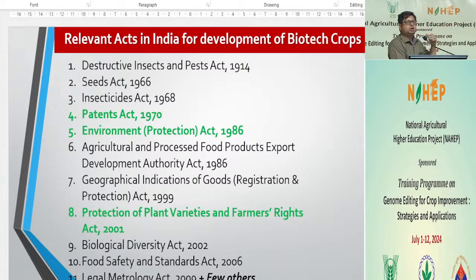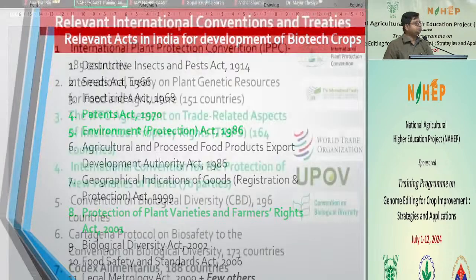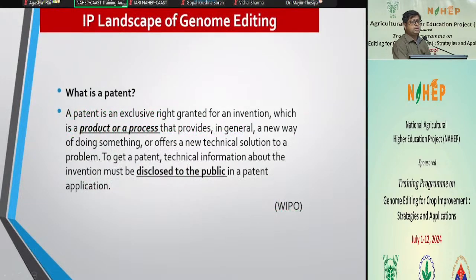These are all international treaties, and India is a party to all of them. So as a PhD student, as a trainee of genome editing, you must have some indication that there is a global landscape, and all this research and product development happens under this global landscape and also the national legal framework. So now let's come to the IP landscape of genome editing.